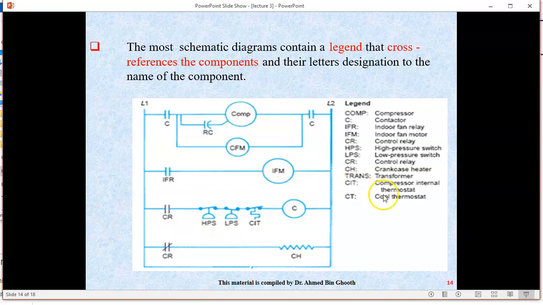Here we have IFR, indoor fan relay, then control relay CR, high pressure switch HPS, low pressure switch LPS, control relay CR, crankcase heater CH, this one CIT compressor internal thermostat, we have cool thermostat, COMP compressor, C contactor.